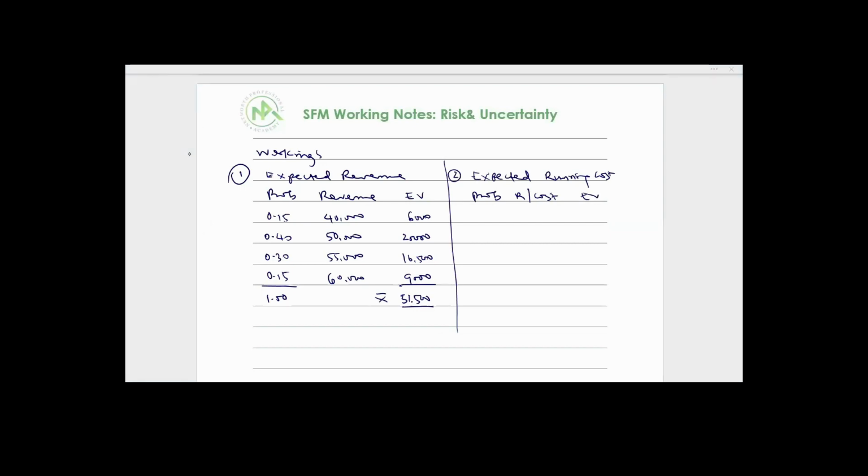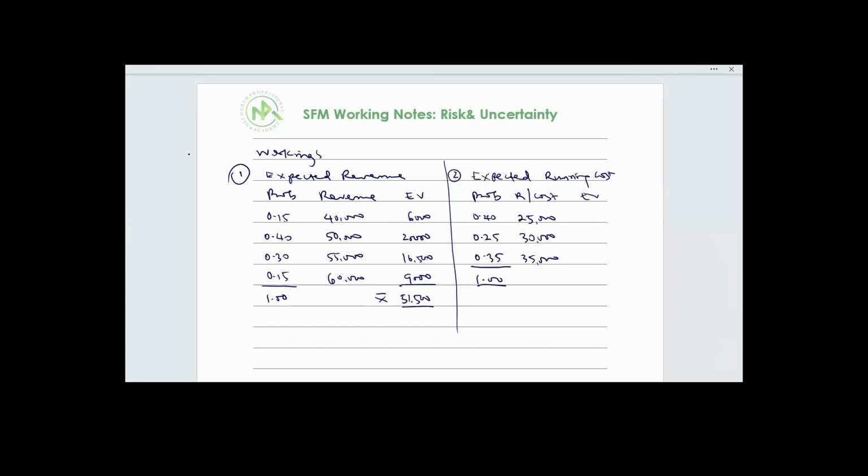Probabilities are 0.4, 0.25, 0.35. What are the running costs? 25, 30, 35.